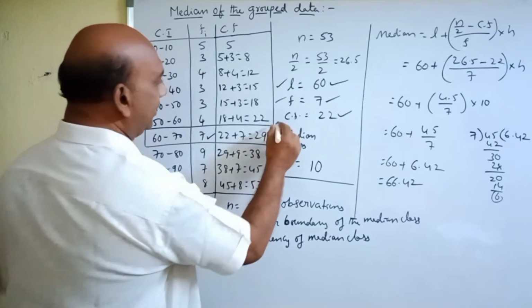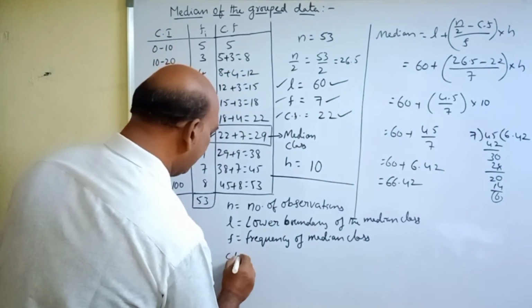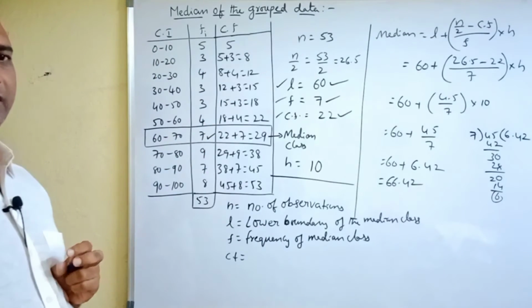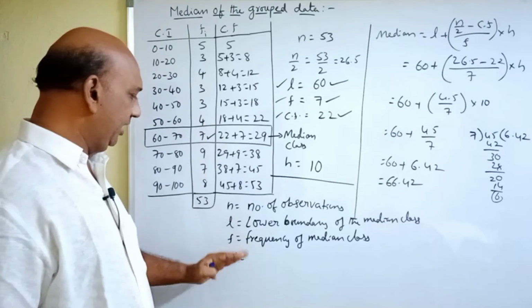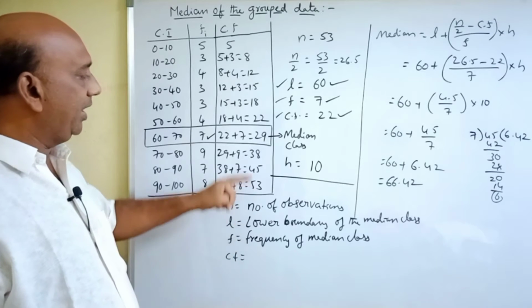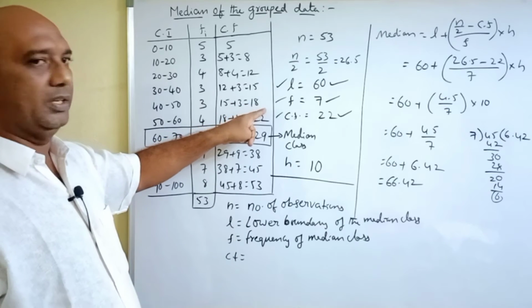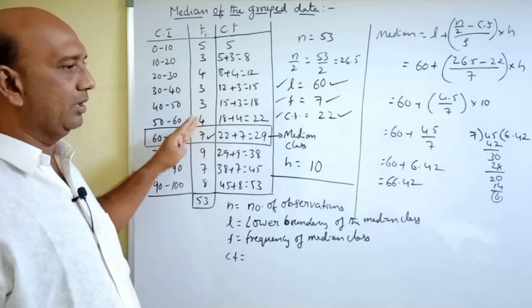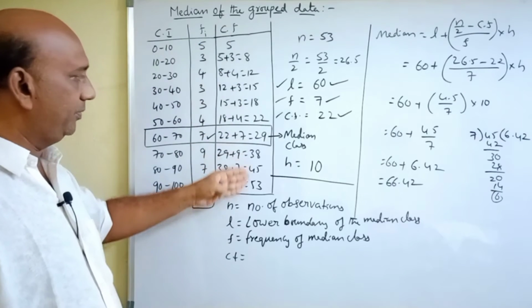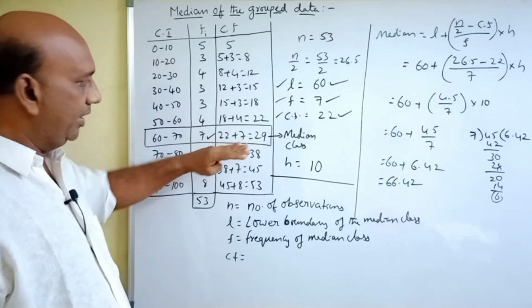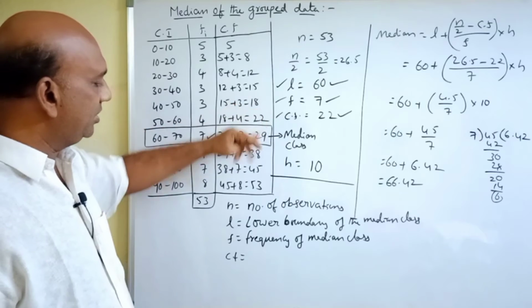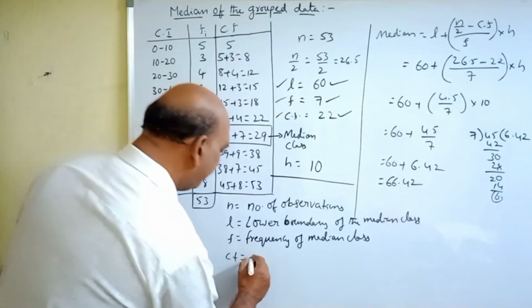Next, CF means cumulative frequency. CF is taken as the previous cumulative frequency of the median class. All these are cumulative frequencies, and this is the median class. Its previous cumulative frequency is taken as CF.